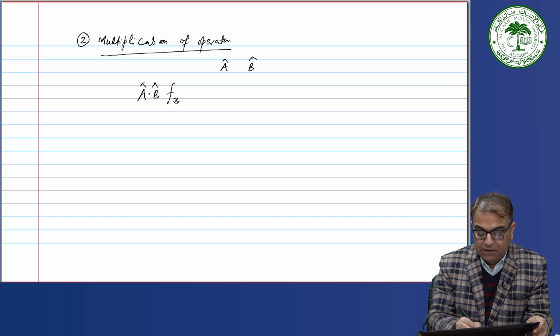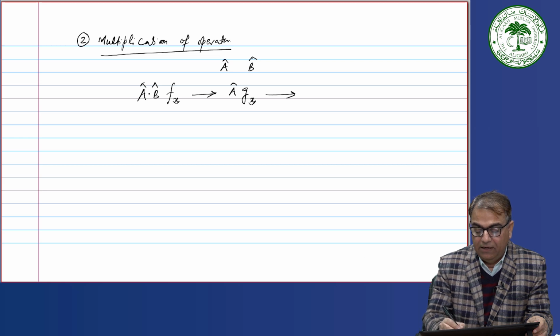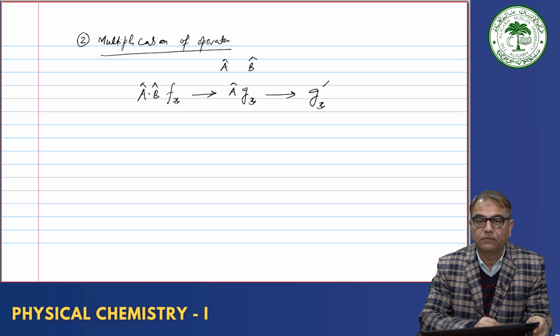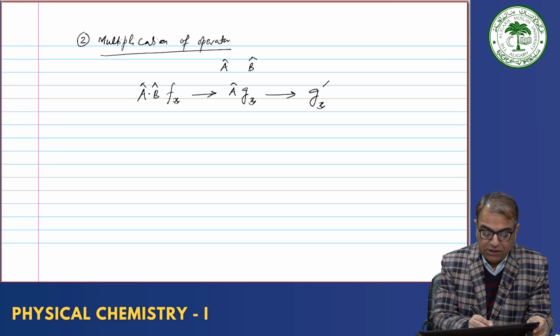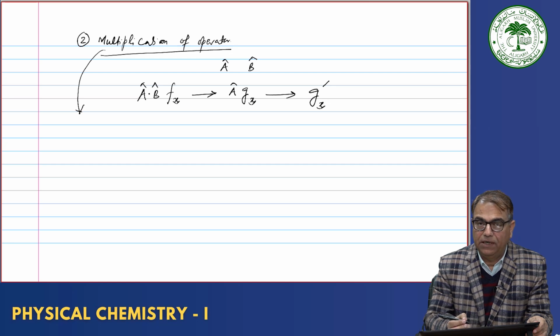It means that you will operate with operator B on function f(x) and convert this into g(x), and then you will operate with operator A, and that will be g prime(x). Multiplication of operators gives a new operator in which you have to operate in a particular direction, from right to left.